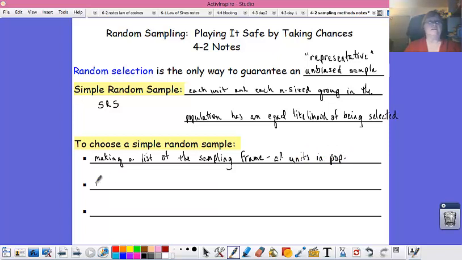Then you give each unit a number, and you select randomly until you have the sample size that you need.